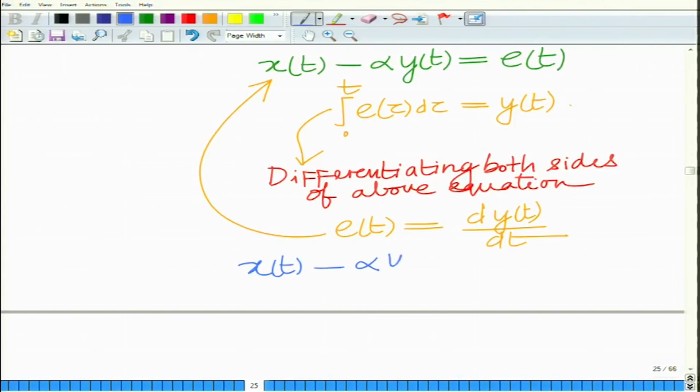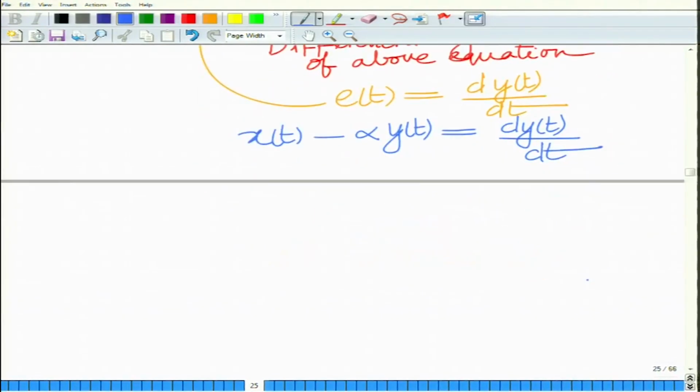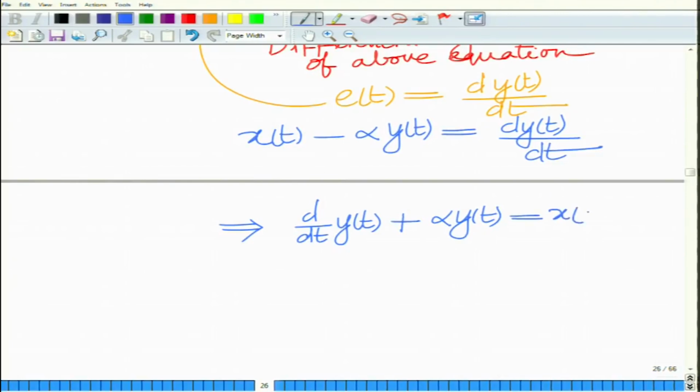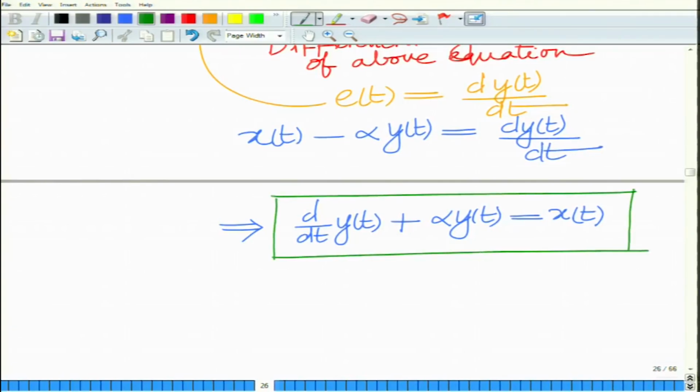Which means if I substitute this back over here, that gives me x of t minus alpha y of t equals dy t dt, which basically implies that d dt y t plus alpha y t equals x of t. So, this is the differential equation.